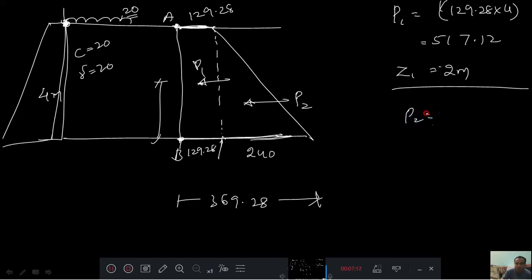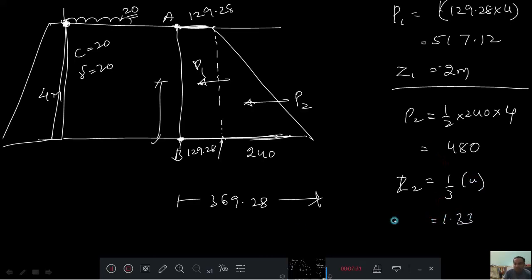P2 is equal to half into 240 into 4 meter, that is 480. Then Z2 will be equal to 1/3 of 4, that is 4 by 3, 1.33. Calculate total P, P1 plus P2, and Z bar, P1 Z1 plus P2 Z2 by P1 plus P2. The problem is solved. Right? Over.